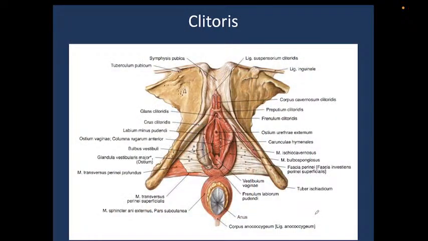Well, the next organ is the clitoris. This is the analog of the male penis. Usually it has two peduncles or crura coming into contact and forming the corpus of the clitoris, and the external part of the clitoris is called the glans clitoris.